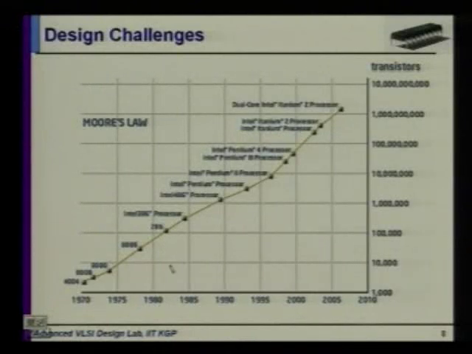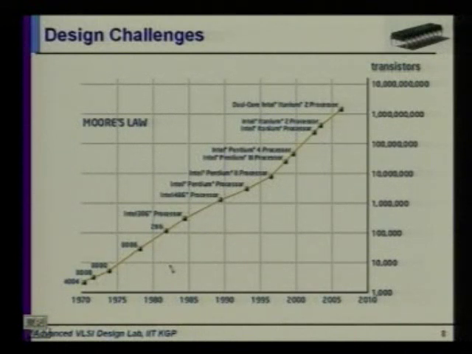This is the picture which you will see whenever you hear any talk in the silicon domain. This is Moore's law. What Moore's law predicted was that every 18 months the density of transistors in a chip is going to double. So if you have a chip of the same area, you will be able to pack in double the number of transistors every 18 months.